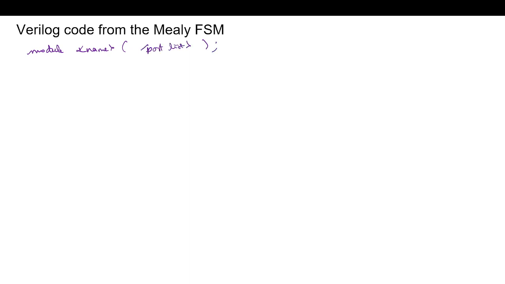And this will be the port part of the code, and then you will define the register, which is the state, and then next state logic, and then parameters for the state. S0 is equal to 0, 0. S1 is equal to, so you have to initialize all the states.